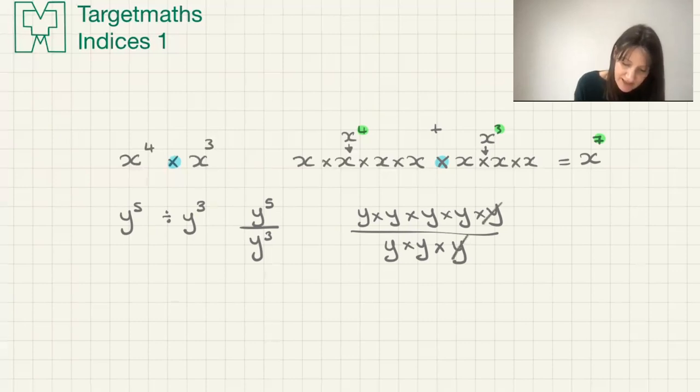So they pair up and cancel with each other, leaving me with just y times y on the numerator, which can be represented as y to the power of 2. So I have gone from 5 and 3 to 2. And the rule, if you haven't spotted it already, is you take the powers away.